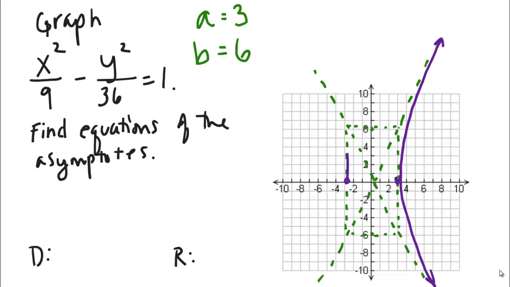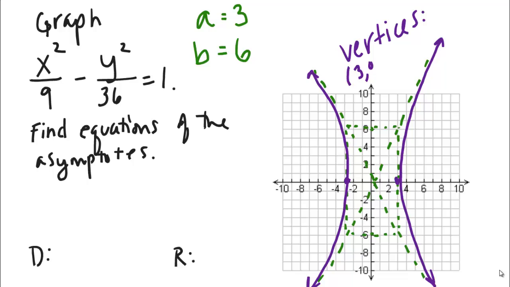I want to make sure the vertex is on the side of the central rectangle and that the arms extend and approach those asymptotes as we move out. The name for those first 2 points that I graphed are the vertices. So I can say that the vertices here are at 3, 0 and -3, 0. We don't have co-vertices in the hyperbola because we just have those 2 branches.